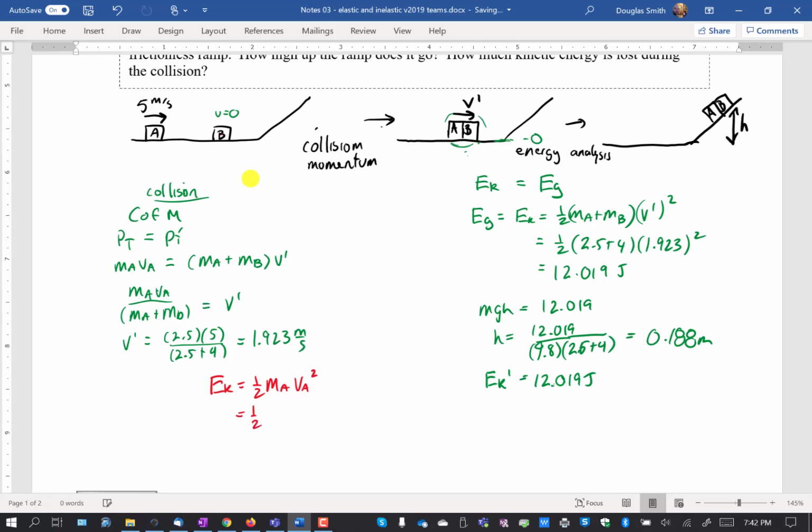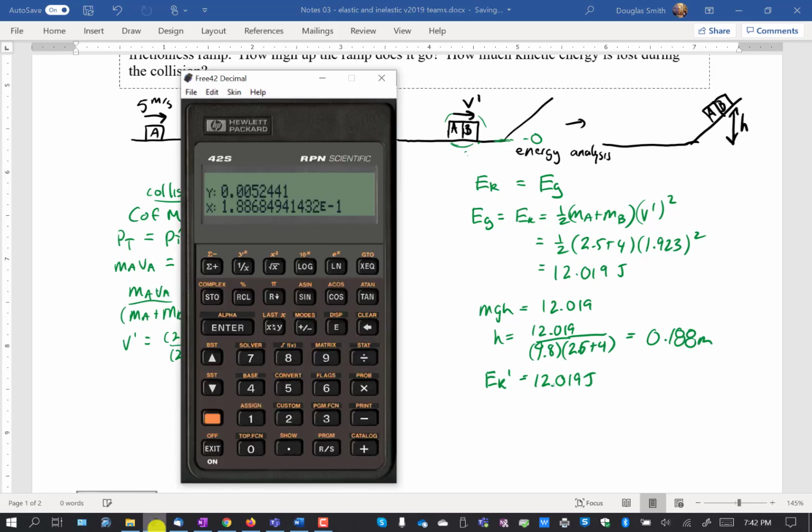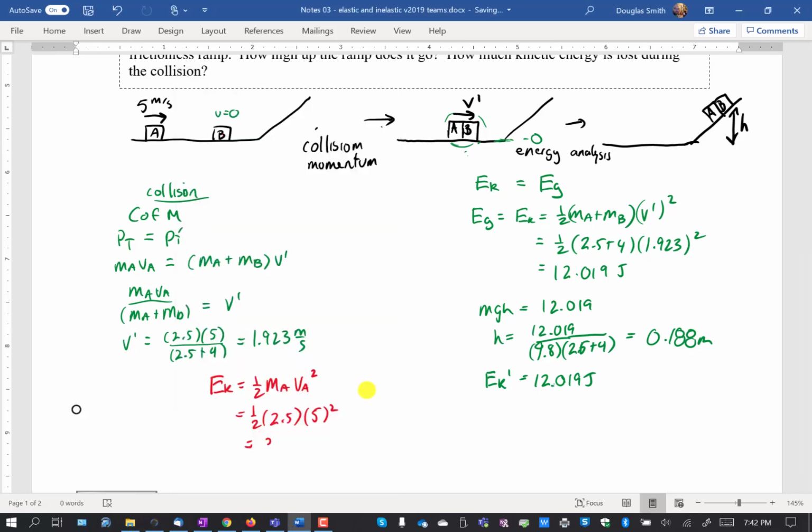So 1/2 times 2.5 times 5 squared. That's 31.25 joules.